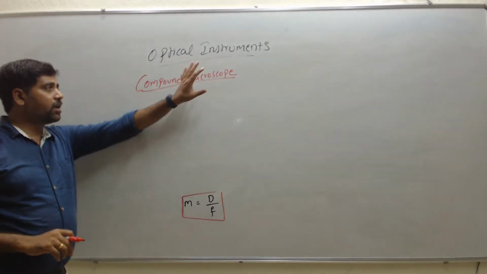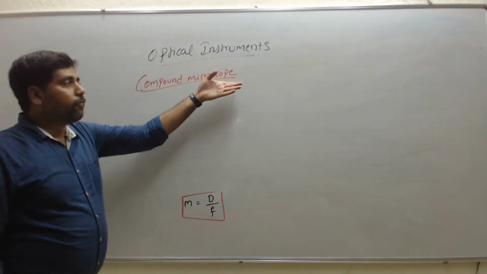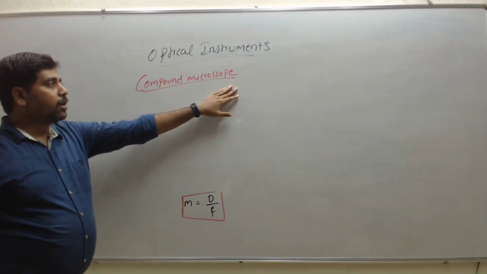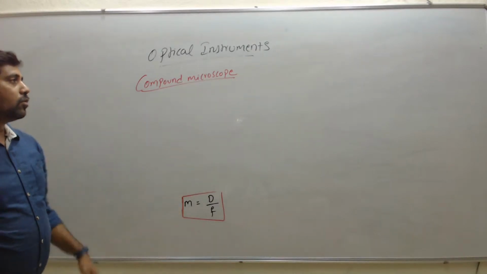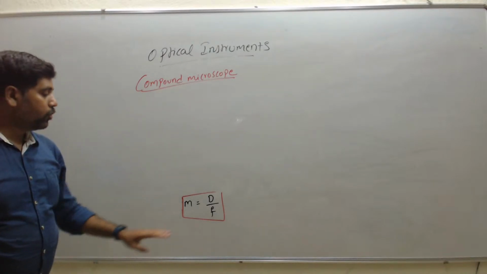Here the main aim is to get an enlarged image of the point-size object. There is one drawback of the simple microscope.